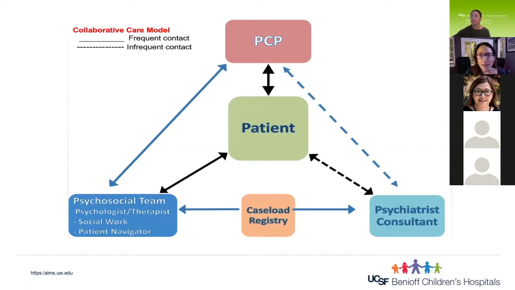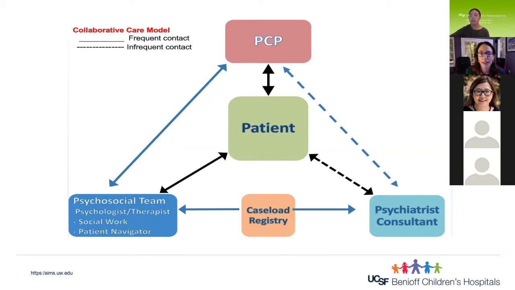So this diagram illustrates the core features of the collaborative care model that's been developed through the University of Washington AIMS Center. And this really puts the patient at the very center of the process. The primary care provider is an integral person in this, as is the psychosocial team, which can include just one of these providers or maybe a team of them, including a therapist or psychologist, social worker, as well as a patient navigator.